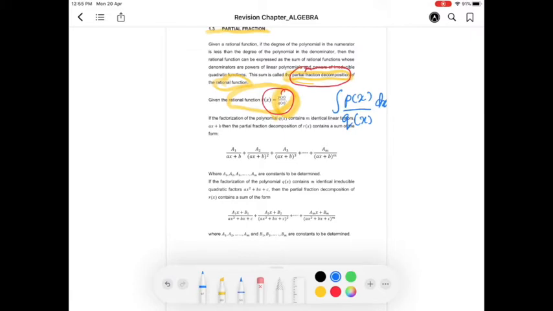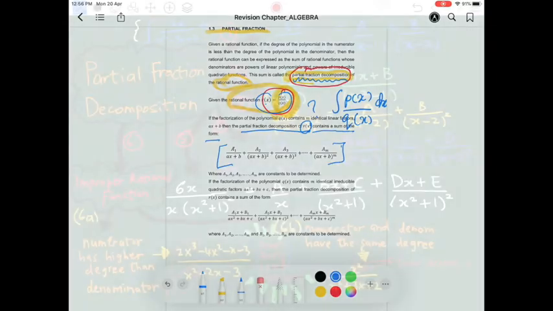So what you need to do is convert it into the partial fraction decomposition. In this case, the partial fraction decomposition of Rx, so Rx is Px over Qx, you need to convert it into the form of like this. So how to do it, we're going to check it out.